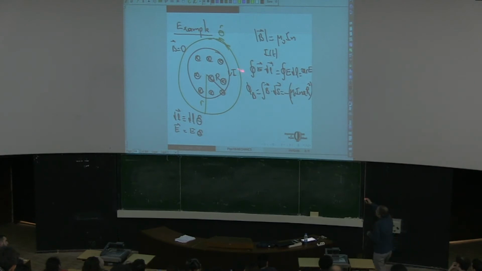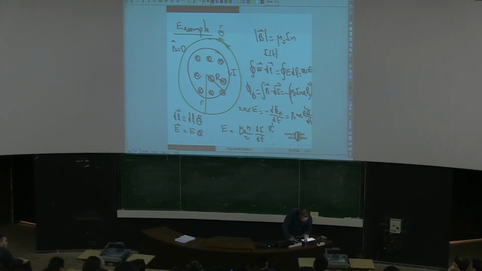Well, let's just put it in our law. 2 pi r times E should be equal to minus d phi B by dt, which is mu 0 n pi R squared dI by dt. Or E is equal to mu 0 n over 2 dI by dt, R squared over small r. Which is non-zero.